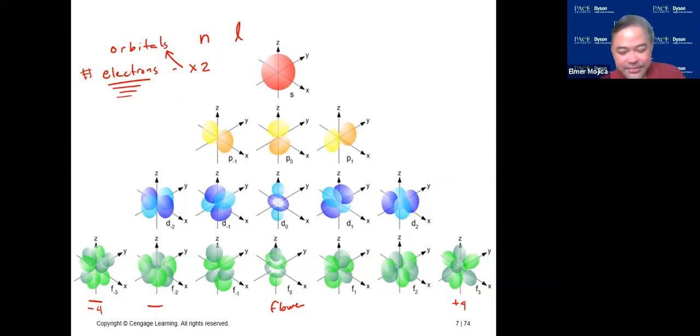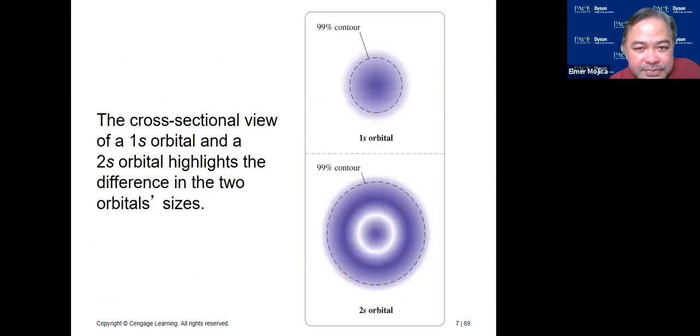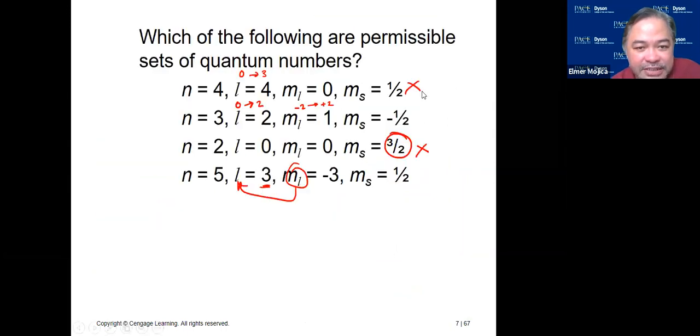Analyze. Ask yourself, if you're given a set of quantum numbers, can you determine what orbital it is? Yep.